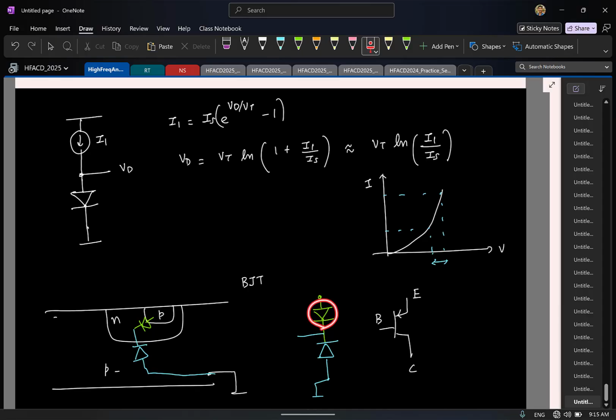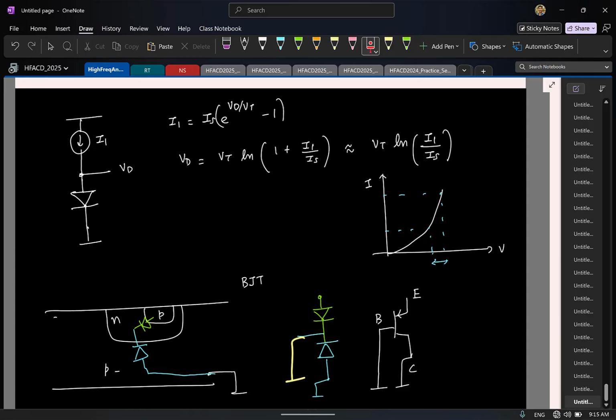Among these, do I want the top diode or the bottom diode? The top diode. If I want only the top diode, where can I connect this base terminal to? If I connect this to ground, then the other diode is completely out of the picture, and now we can nicely use this as a forward biased diode. So this terminal is grounded, same as you do here.